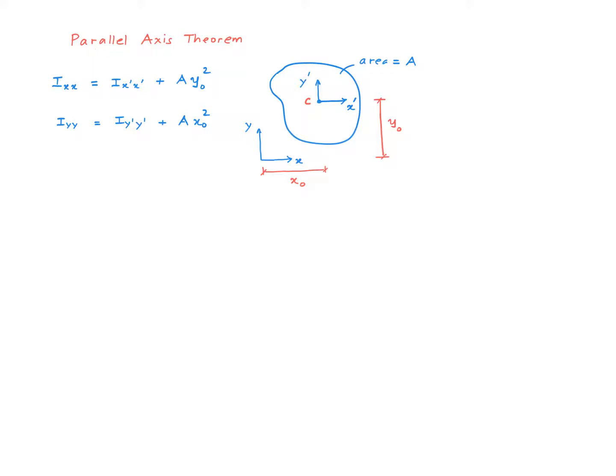So the parallel axis theorem says all you have to do is you take Ix'x', which is the second moment of inertia about this local axis x prime, and add simply this term, A times y naught squared, where A is the area of this section, y naught is this distance right there. So y naught is the distance between the two axes of interest, right? X and x prime. And there's a similar formula for Iyy.